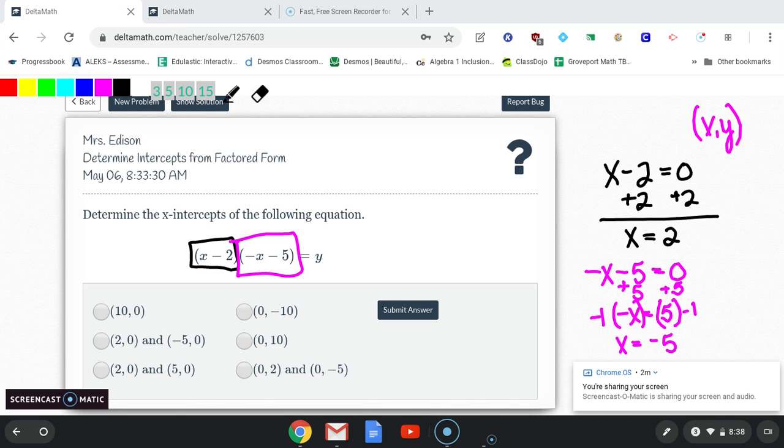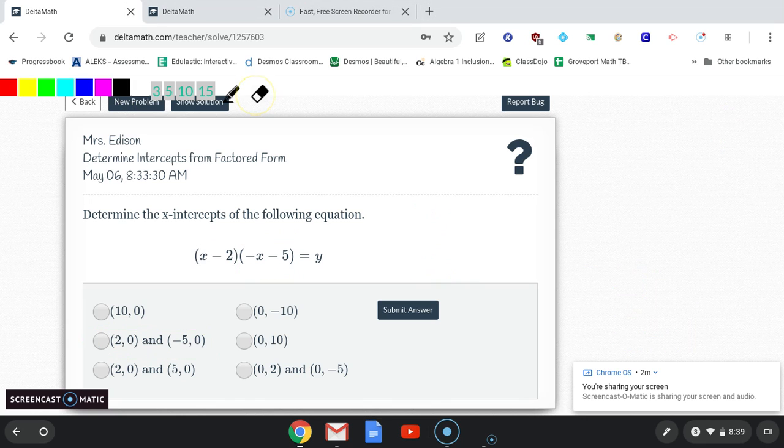So our first one is 2, 0. And the second one is negative 5, 0. So I need to find those. And it's right here. Erase that.